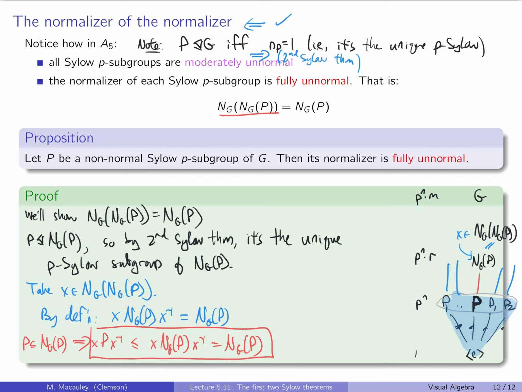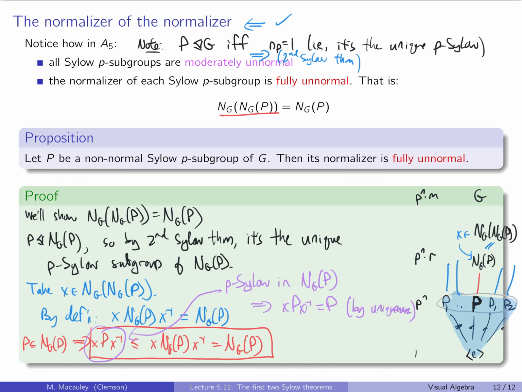Well, this thing right here is p-Sylow, of course, in G, but it's also p-Sylow in the normalizer. But the normalizer has a unique Sylow p-subgroup, a unique subgroup of order p to the n, which is P. So that means that xPx inverse equals P by uniqueness.